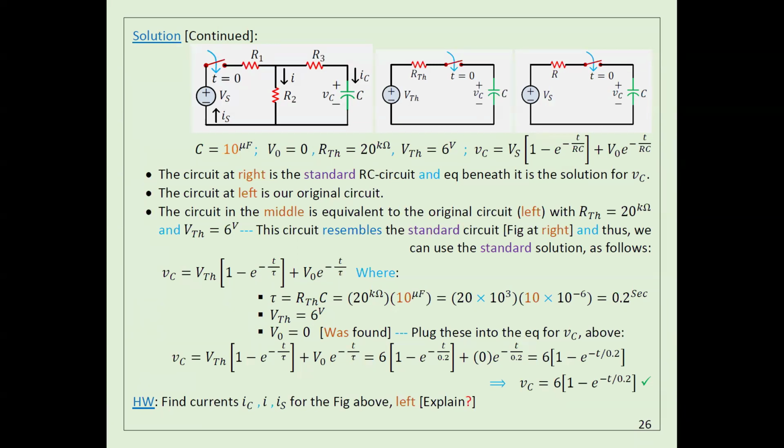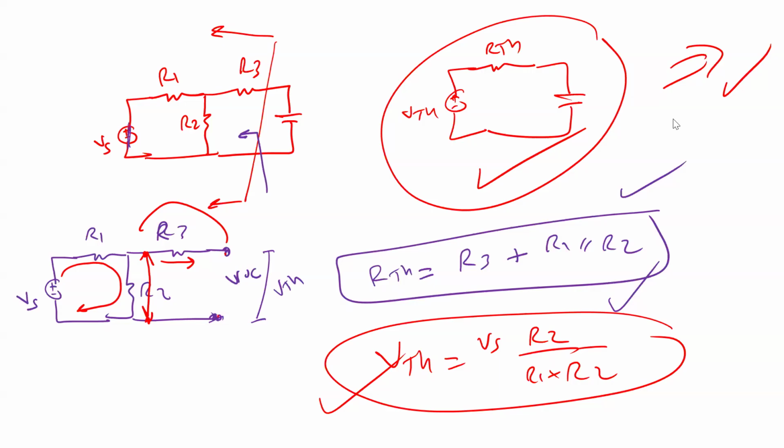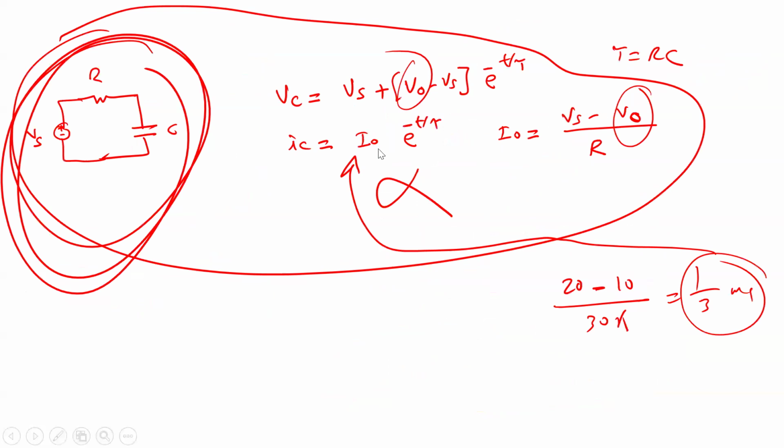Same thing if you want to get the current I. You can apply the formula we have, because you already know V naught is 0, Vs here is 6. R, I don't remember what R was, 20K, I guess.